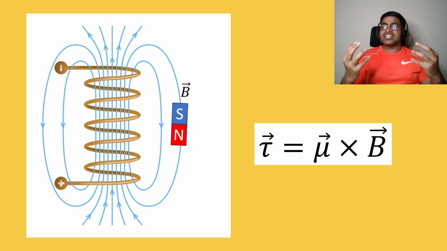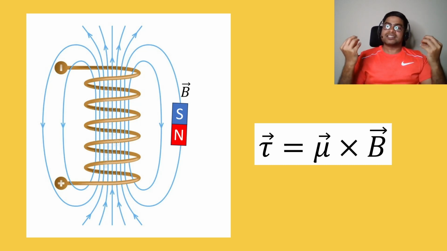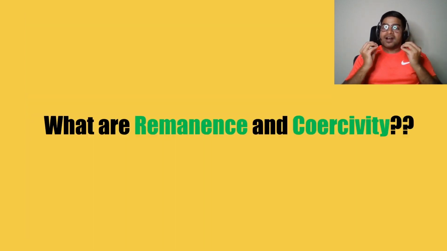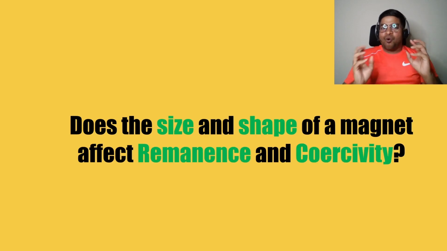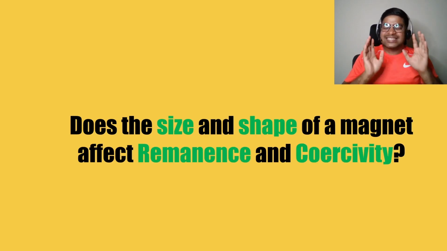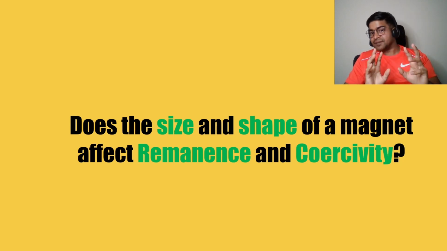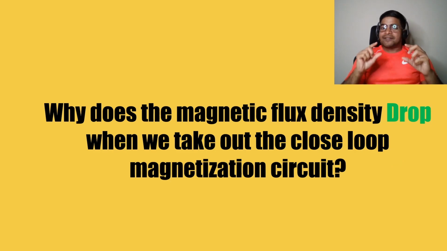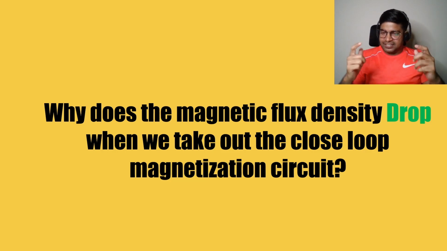So as soon as I started learning about the properties of permanent magnets, I started getting a lot of doubts. The first doubt was, what are the remanence and the coercivity, right? The second doubt was, do the size and shape of the magnet affect the remanence and coercivity or not? And the third doubt was, let's say you have kept your unmagnetized permanent magnet in the circuit and you have magnetized it, right?